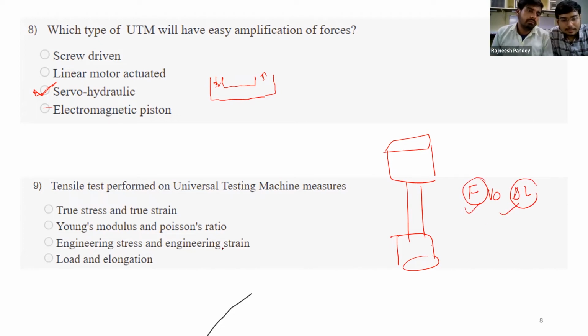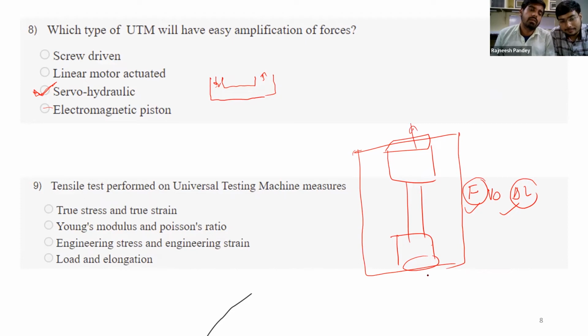Yes, we have an apparatus to measure the force, that is the load cell, and an apparatus to measure the elongation, which is an extensometer or strain gauge like devices. So we can get these values directly.